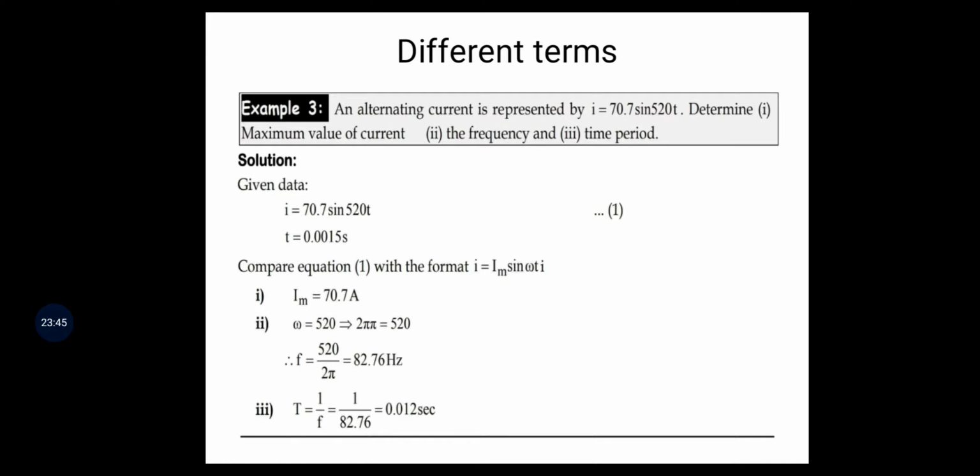T equal to 1 by f, that means 1 by 82.76. The value is 0.012 seconds. Here we find the Im, frequency f and time period T.